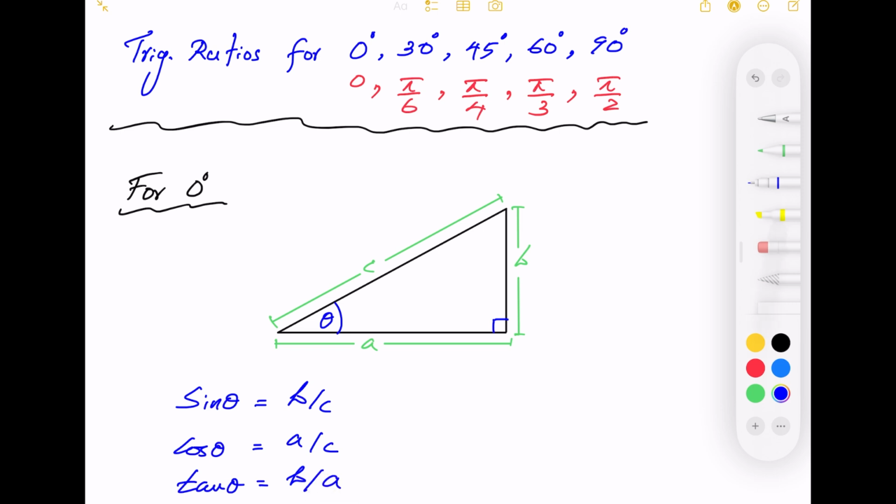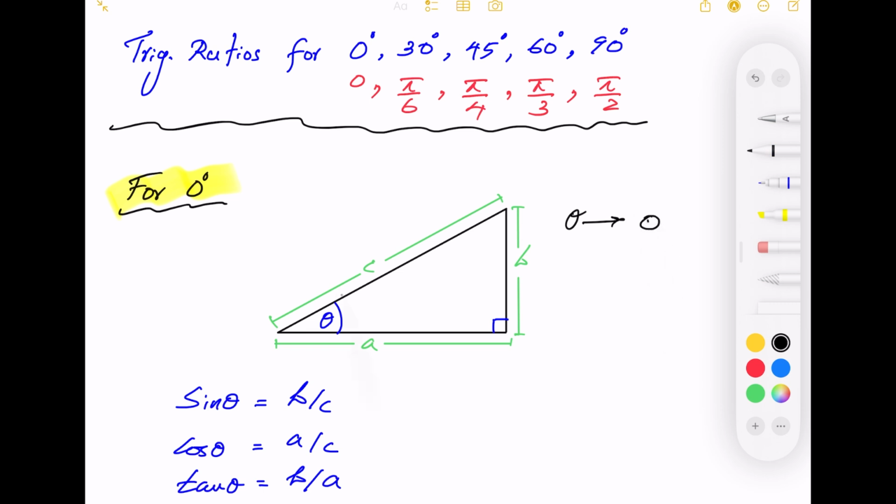However, for this case, I'm interested in 0 degree angle. That means I need to see what happens to these sides A, B, and C as theta approaches 0. So if theta is approaching 0, what will happen to these lengths?